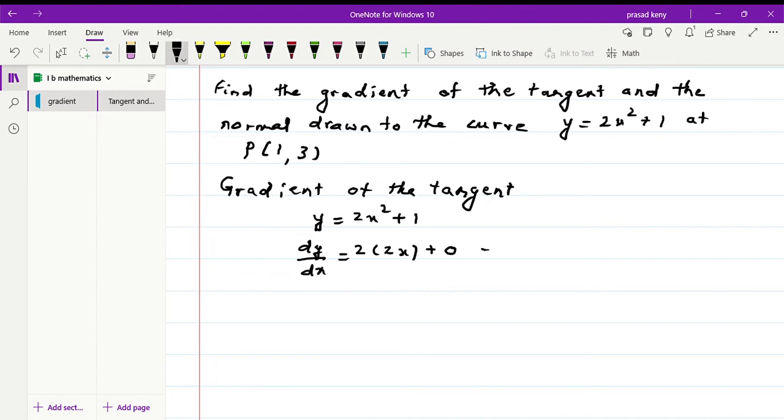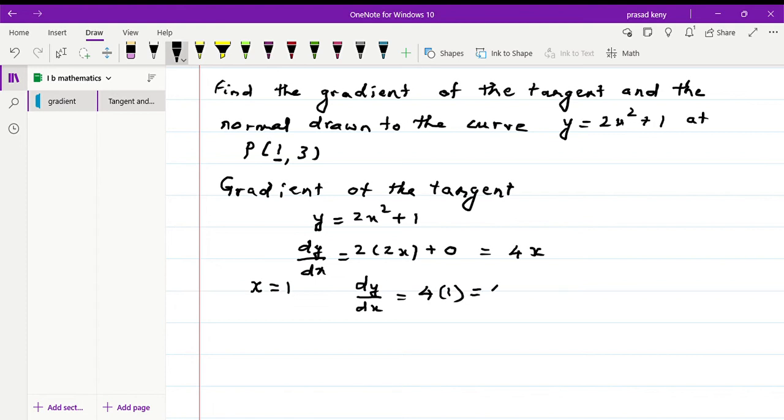That will be 4x. This is your gradient function. So in this gradient function, put x is equal to 1, that is the x coordinate of the point of contact. And hence dy by dx at x is equal to 1 will be 4 into 1, that is 4.